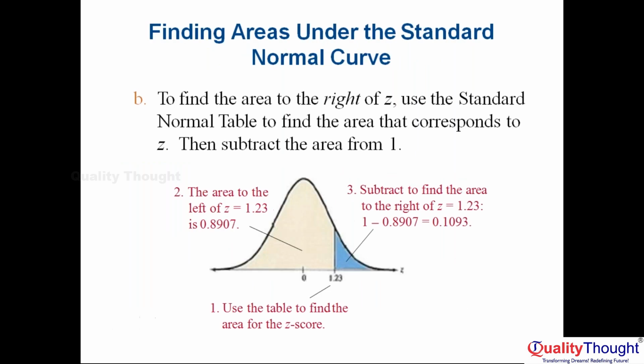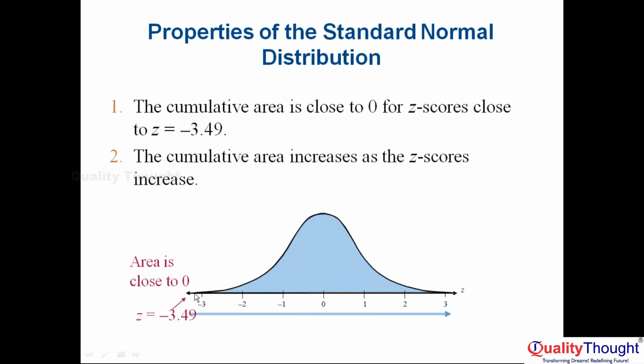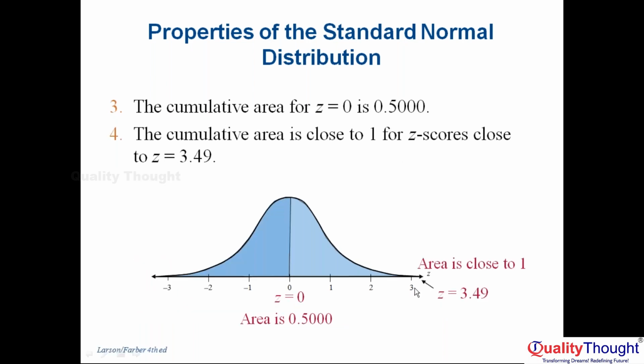What is the left extreme here? Minus 3.49, where the area starts from 0. When you are traveling towards the positive side, the area of the curve will keep on increasing. Once you go to the end of the curve, the z score will become 3.49, and the area will become close to 100%.